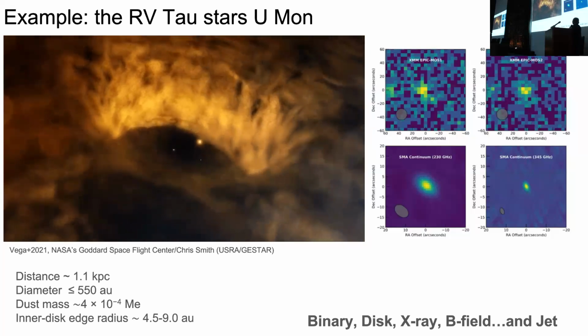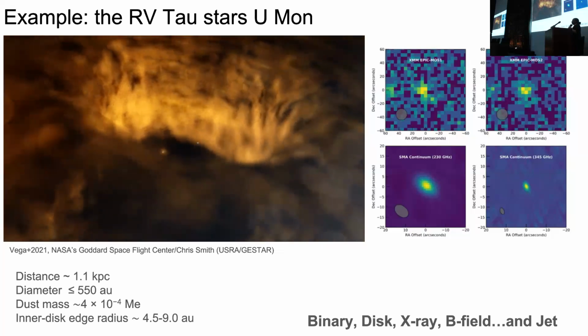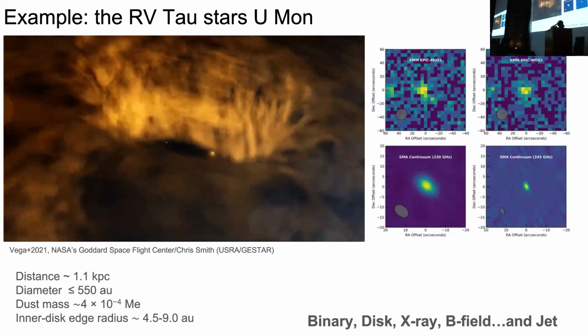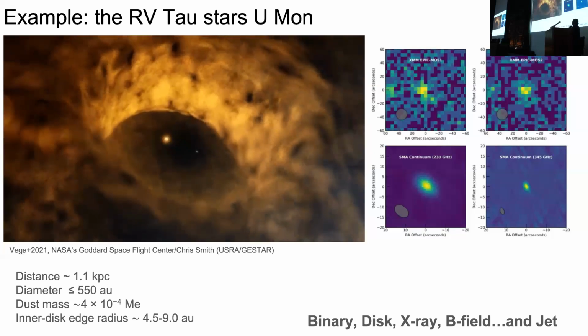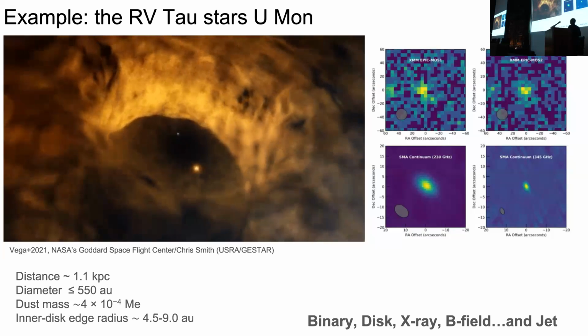In that work, this was the first time that we detected X-rays in post-AGB stars. Remember, those things are 7,000 K. So where does this X-ray come from? This is an open question. But also, and we will see a bit later, this is one of the only post-AGB stars to have magnetic fields.